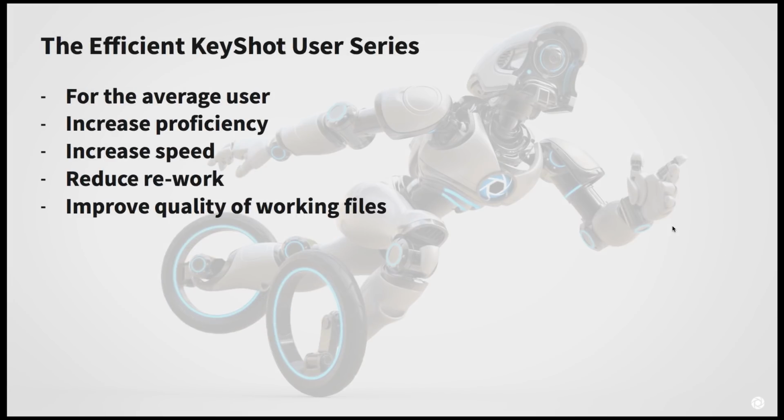Getting into this first slide, as mentioned before, this Efficient KeyShot User series: anyone can pick up KeyShot and work through a scene, thankfully, because of its lightweight, very simple, user-friendly interface. But it takes some higher level of understanding to become a KeyShot ninja, and this is getting into proficiency and speed, so working more intelligently as well as faster.